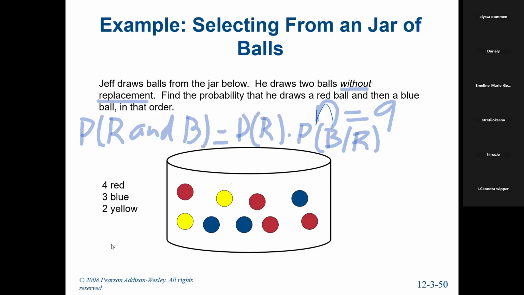Are you with me? Yes. Because of this word, the 2 events are not independent. So very simple here. What we're going to do, how many red balls do you have?